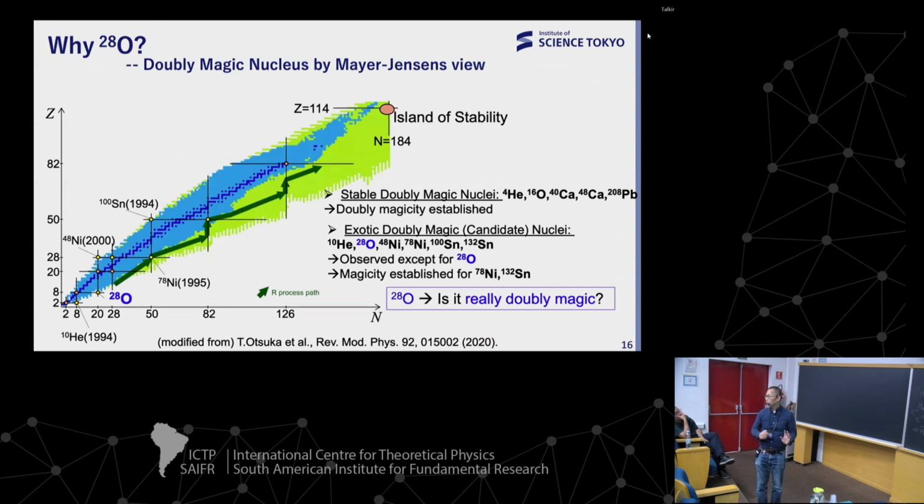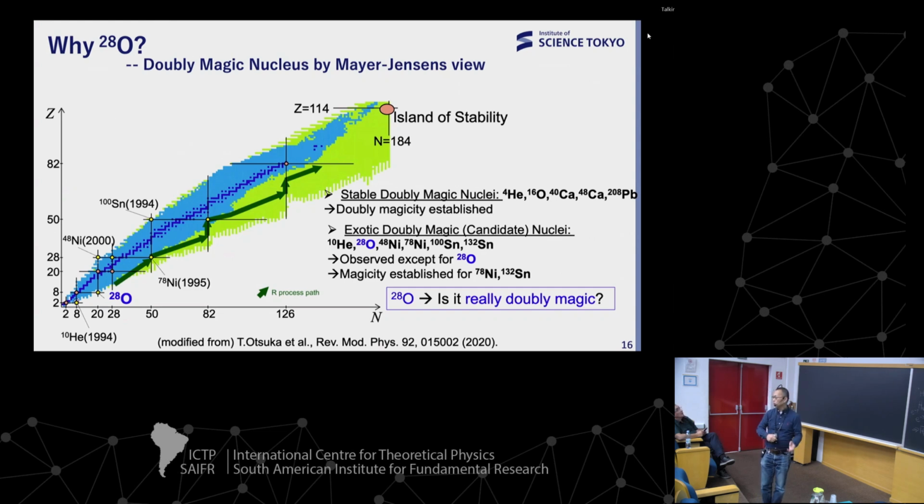Why would we like to see oxygen 28? Because this is a candidate doubly magic nucleus, in a sense, from Meyer-Jensen's view. Namely, we know the canonical magic numbers: 2, 8, 20, 28, 50, 82, and 126, right? If you look at the magic numbers like this, you can see doubly magic nuclei like this.